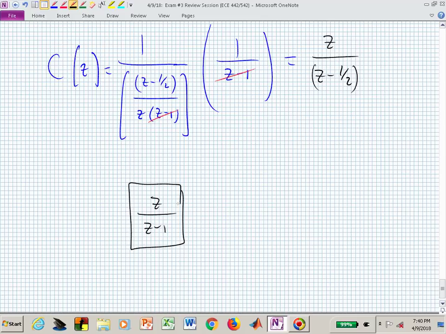Now you say that you have a controller that's z over z minus 1/2. Your plant was z minus 1/2 over z minus 1.